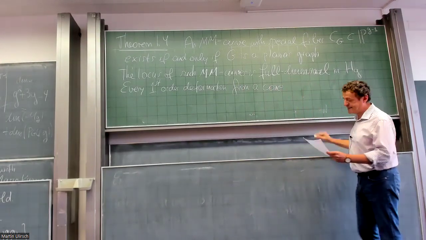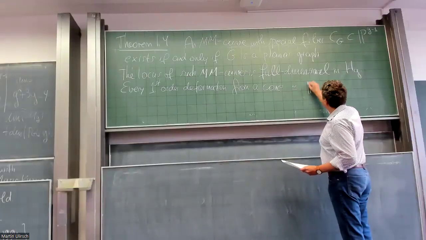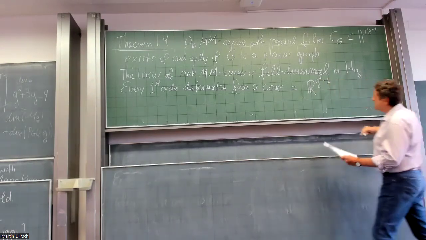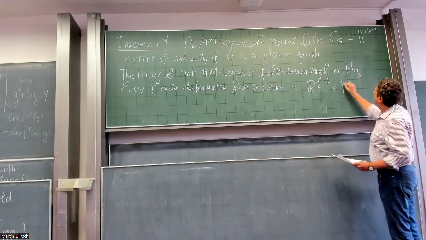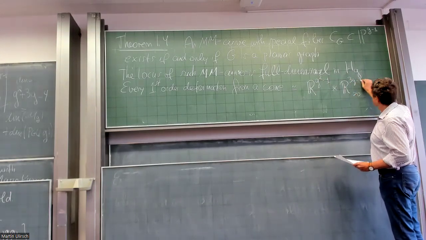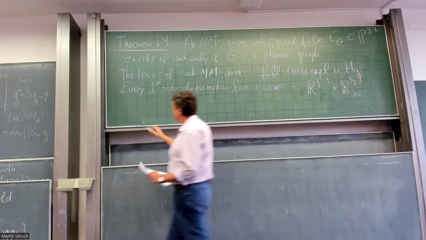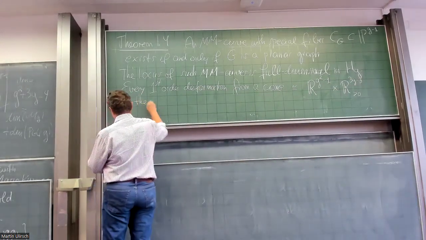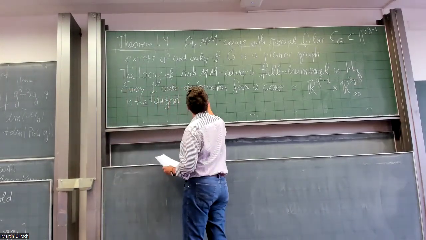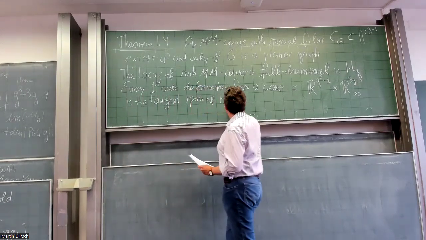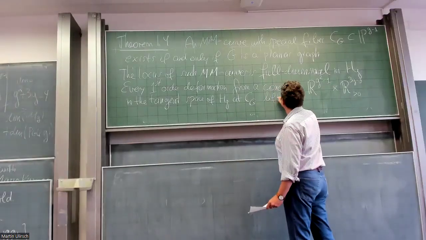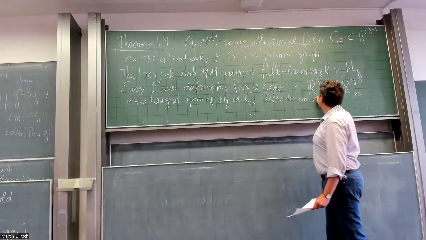This is a convex polyhedral cone, and it's a cone isomorphic to R^(g²−1) times R^(g−3), in the, I'll finish the sentence, in the tangent space of H_g at the graph curve lifts to a maximal Mumford curve.